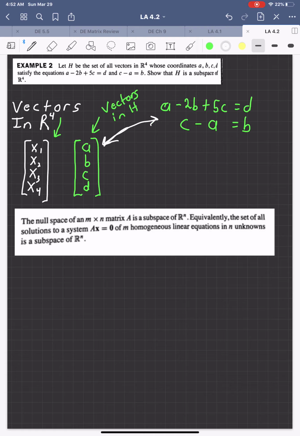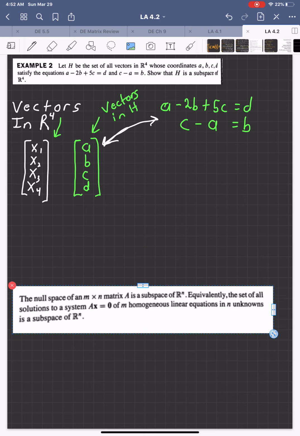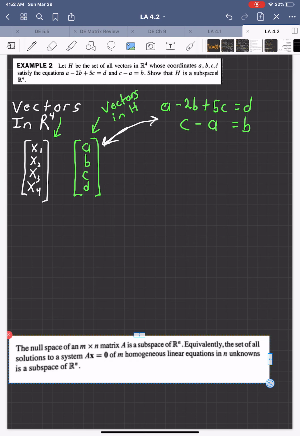So how do we go about this problem? In fact, what is this problem asking of us? It asks us to show that H is a subspace of R4. Now I'm going to do that, but I'm going to be using this theorem that I've written at the bottom of the page.